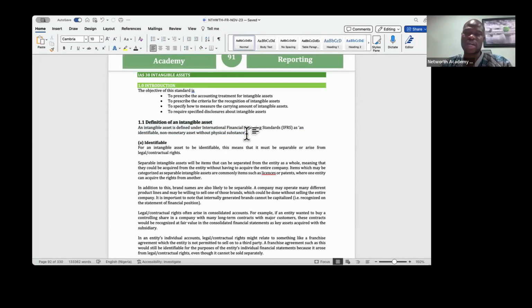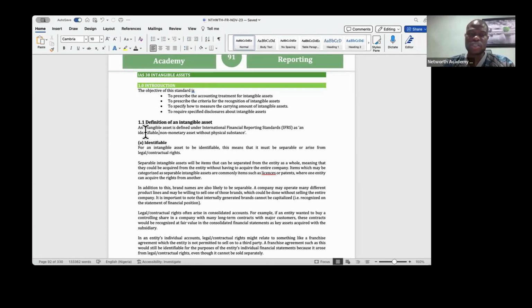This definition has three key terms. The first term is identifiable. The second is non-monetary assets. And the third is without physical substance. As soon as we're able to identify those three, then we would understand what an intangible asset is.